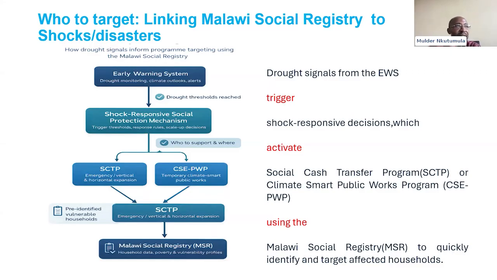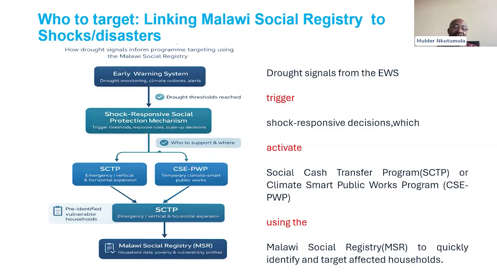And where do we get these people? We have what we call the Malawi Social Registry. Because they are ranked in the social registry, it's easier for us to get the poorest, the poorer and the poor from that.